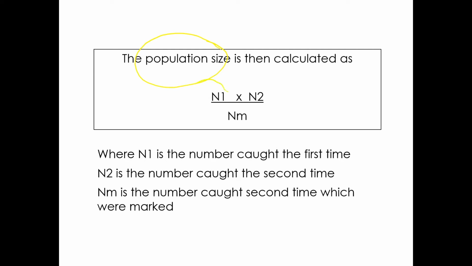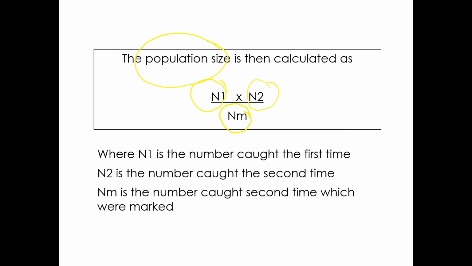The number of individuals caught in the first sample times the total number caught in the second sample goes on the top line, and then that is divided by the number of marked individuals in the second capture.